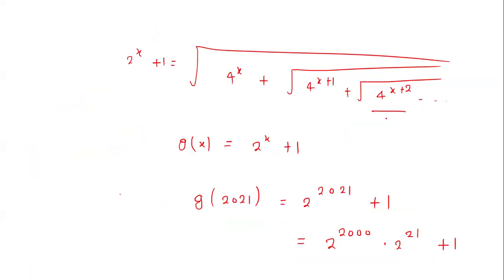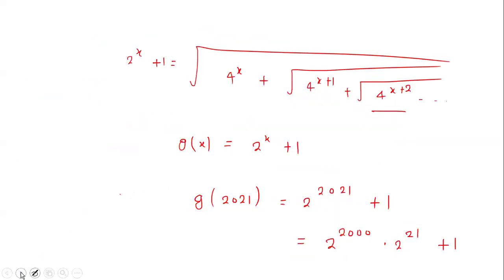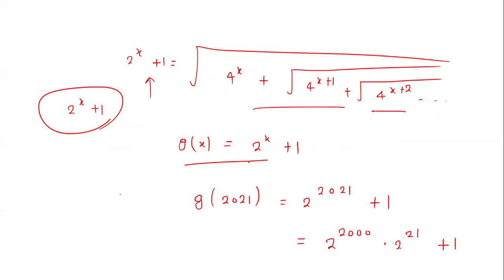It will happen repeatedly, infinitely, and you can do this again and again, and eventually you get this form: 4 raised to power x, then root of 4 raised to power x plus 1, then again root of 4 raised to power x plus 2. Similarly, we are getting this form here. You can see this form is actually equal to 2 raised to power x plus 1. So this is the simplification of this form.